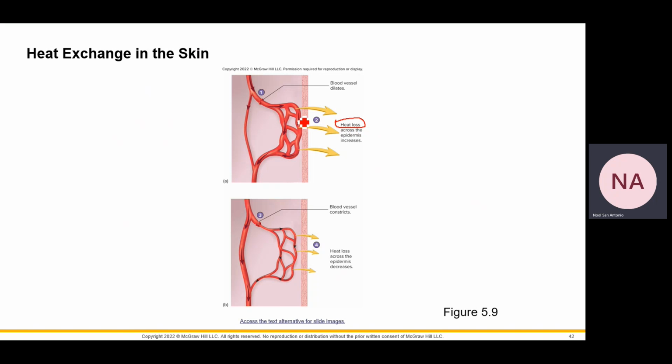When there is vasodilation, meaning dilation of the blood vessels near the surface of the skin, there is increased heat loss, which happens when we feel hot or when we are in a hot environment.